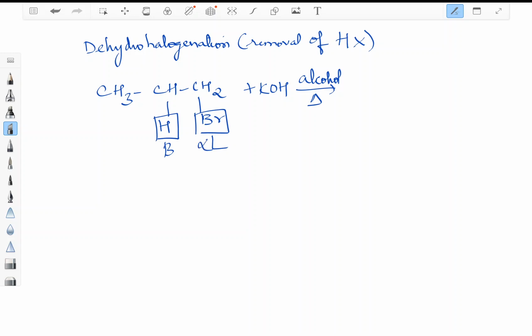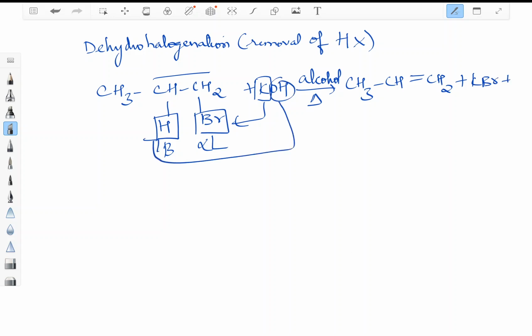Beta elimination, you are going to get CH3, CH, CH2, because the double bond comes between these two carbons. Here we have K. K reacts with Br to form KBr, and OH reacts with H to form H2O.